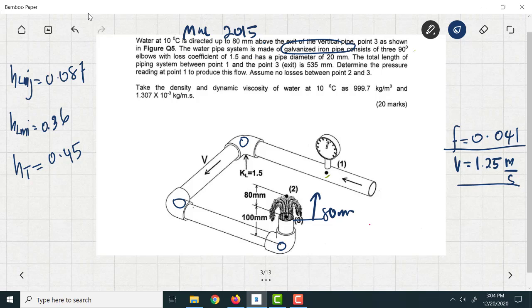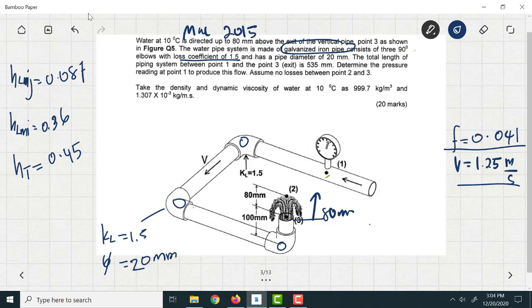Okay, the loss coefficient, ni loss coefficient ni maksudnya K lah. KL untuk 90-degree elbow adalah 1.5 untuk ketiga-tiganya. Pipe diameter ni adalah 20 mm.